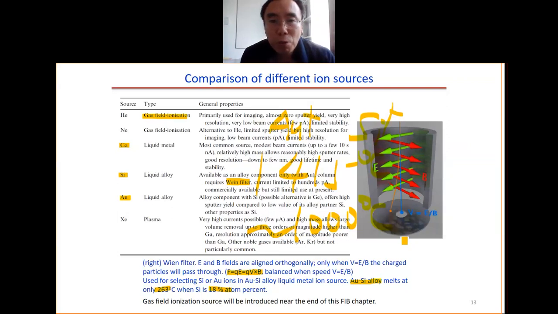Here we don't use electrons, we have ions, but the idea is similar. When the two forces are equal with opposite direction, the ion goes through directly. This is the condition: when the speed is E over B, it goes straight. Otherwise, it will be deflected. When it goes straight, it goes through this aperture and gets selected.